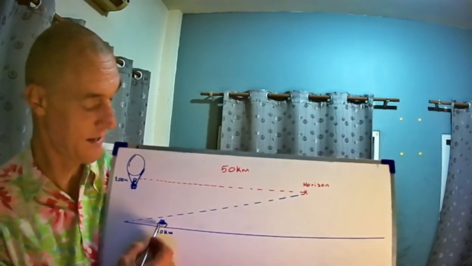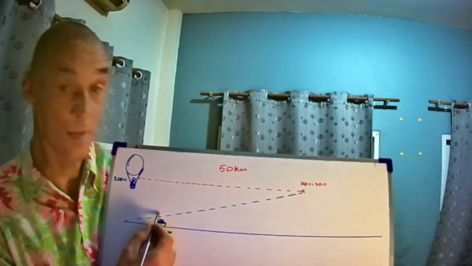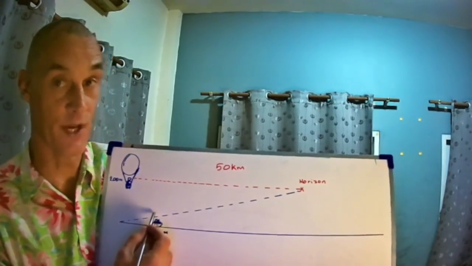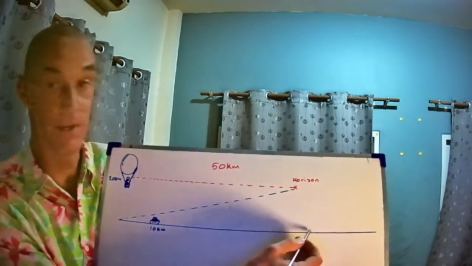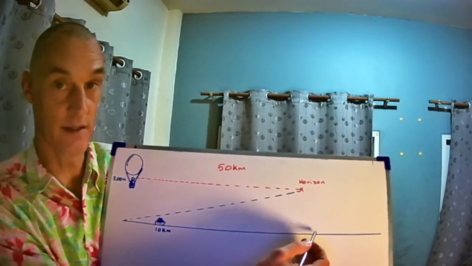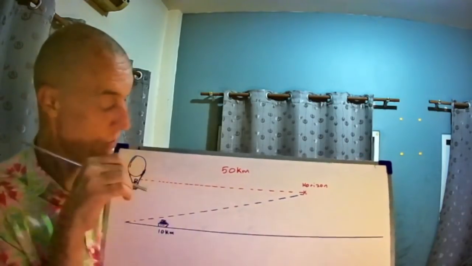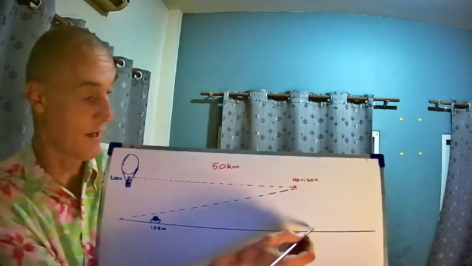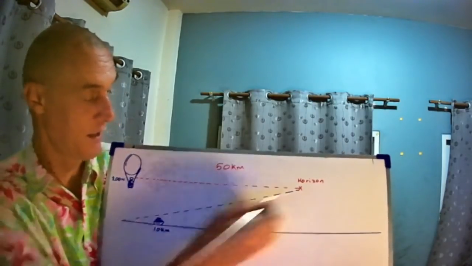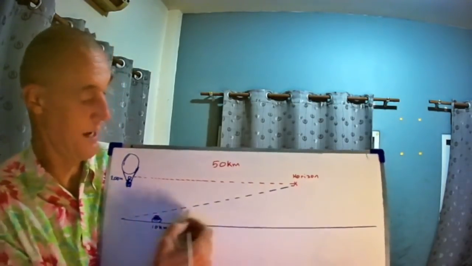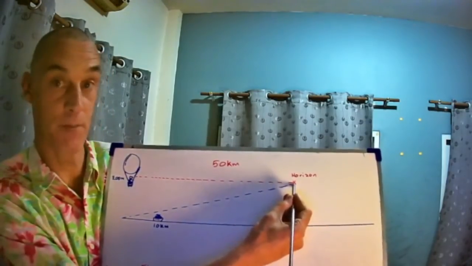So this ship will appear in front of that observer's horizon, and they will see all of this surface beyond the ship. But they won't be looking down. You might have to look down to the ship, but this point, 50 kilometers beyond the ship, will appear to be up as if it's followed this blue line.